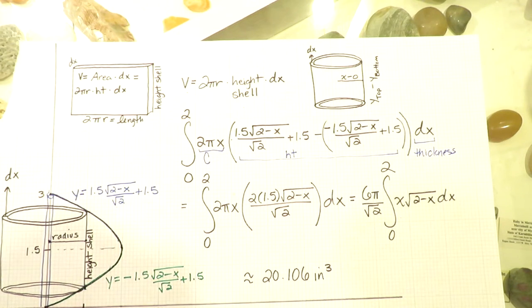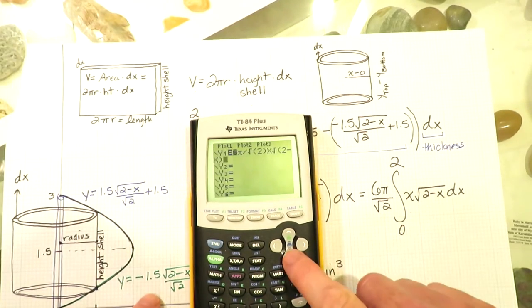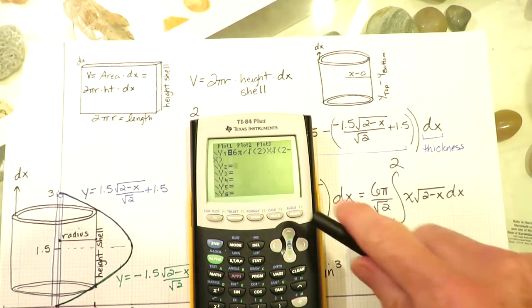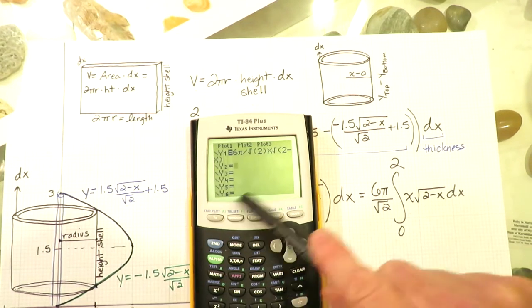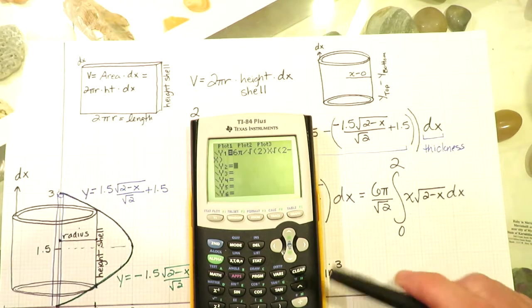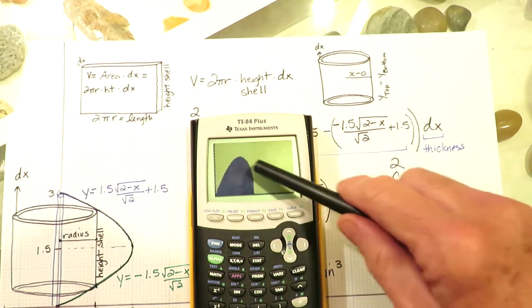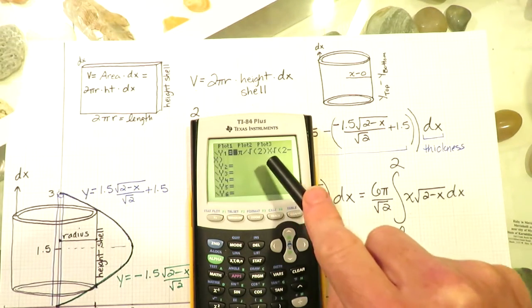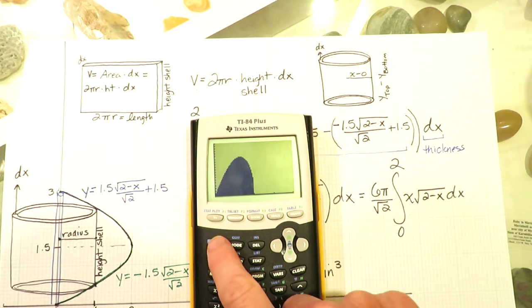So for example, if we look on our calculator, I've typed in the volume expression, but I'm not graphing these functions right now. I'm graphing the function that represents my volume, and I get this shape. The area under the curve of the volume function is numerically equivalent to the volume I'm trying to find.